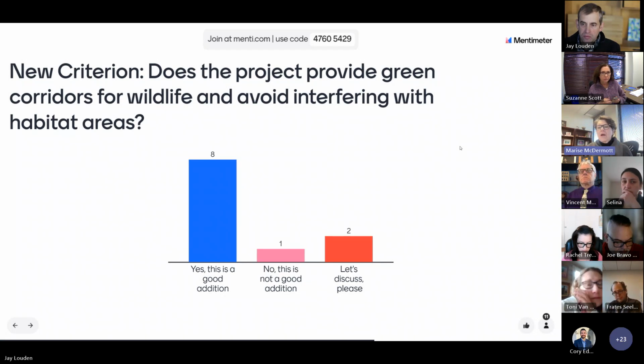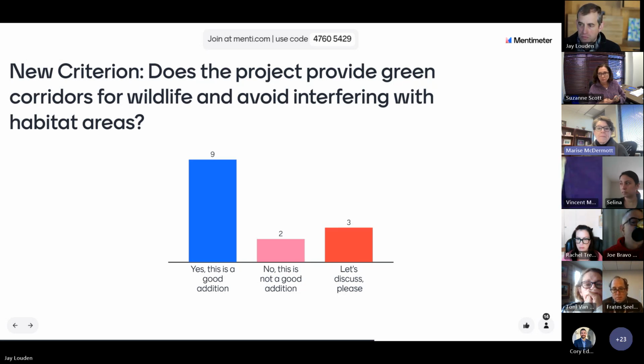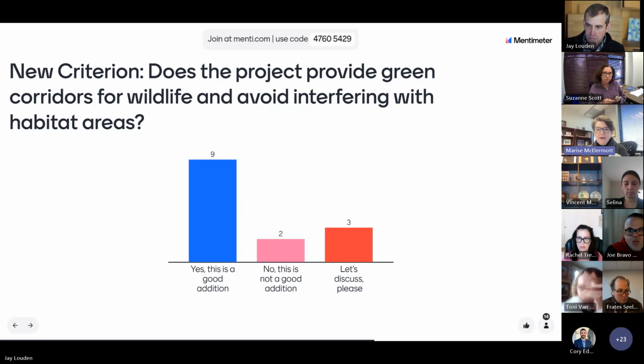I'm not clear where we are on some habitats over other habitats. For instance, and this may be a red herring, the feral cat colony, bird colony. I think we've addressed it elsewhere, but this could be a polarizing part of a polarizing criterion.